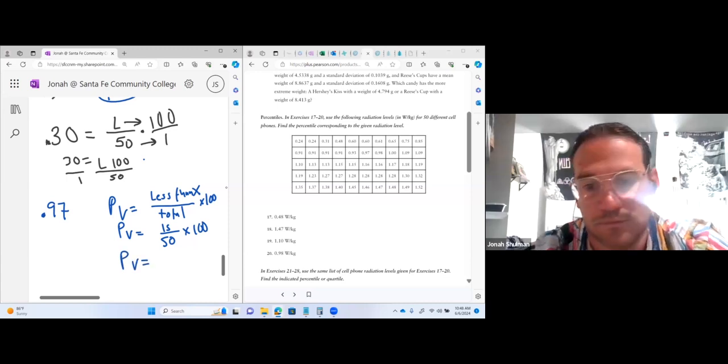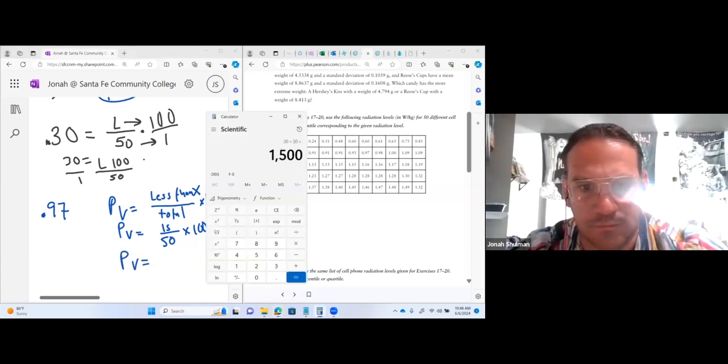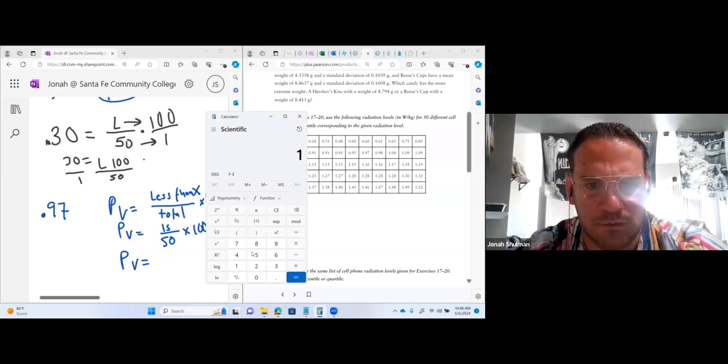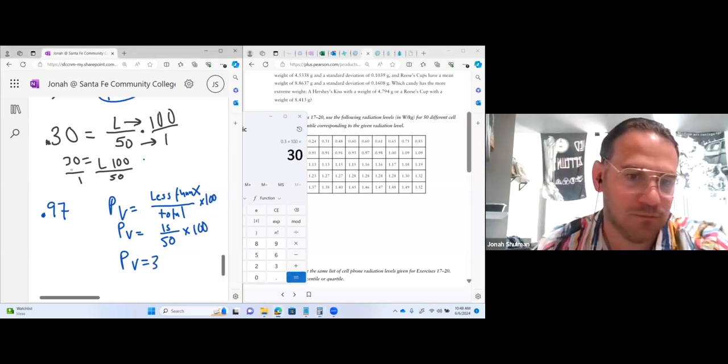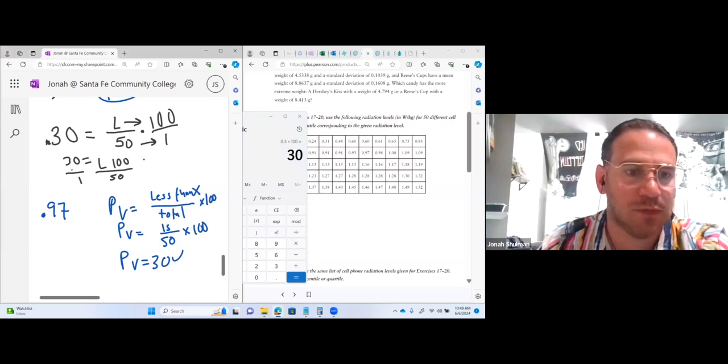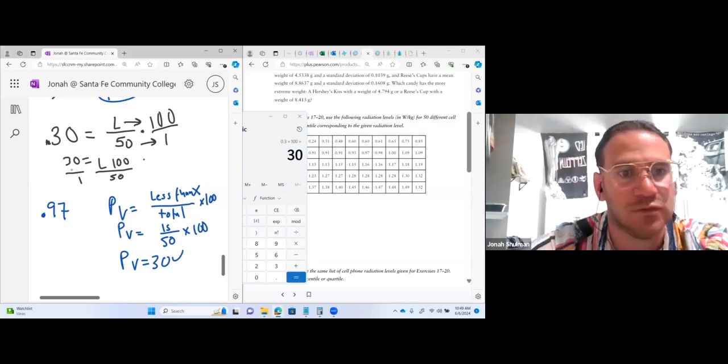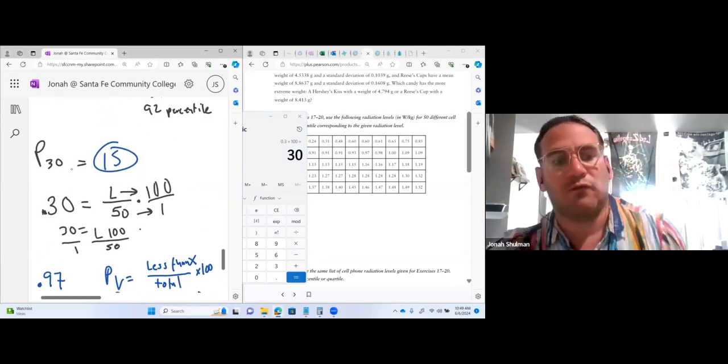PV equals 15 divided by 50 times 100. And lo and behold, yes, it is 30. So it does work. We got the answer. Work backwards for what we wanted. The answer is 15. 15 is less.